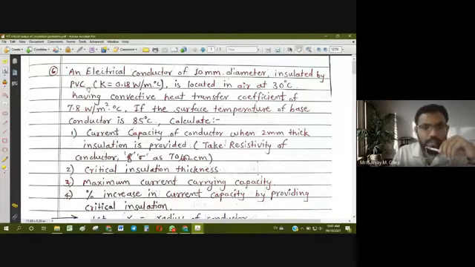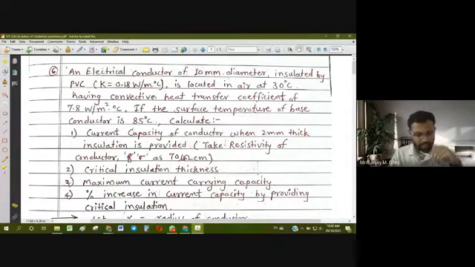The situation is like this: the electrical conductor has diameter 10 mm, and it is insulated by PVC material. The K value is given for it. It is very low, 0.18 watt per meter degree Celsius. This conductor is located in air at 30 degrees Celsius.